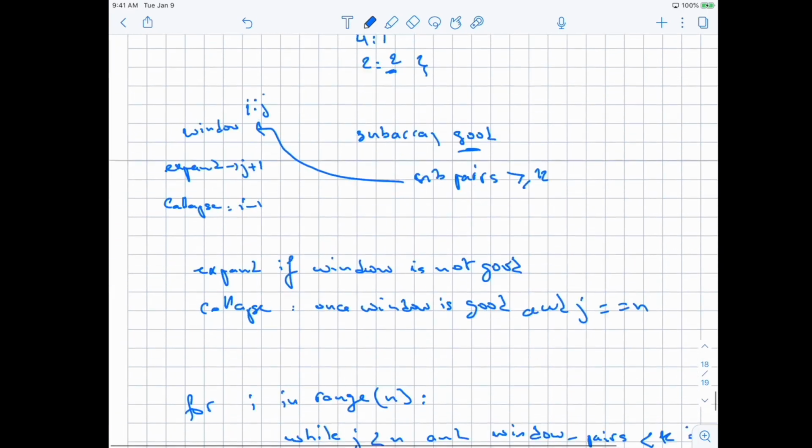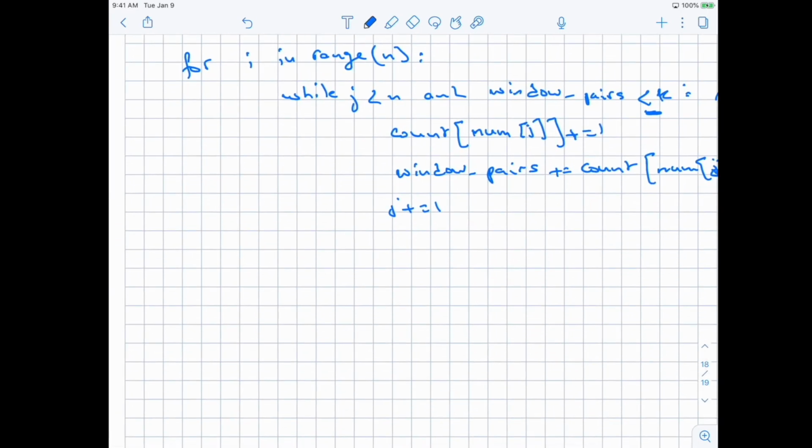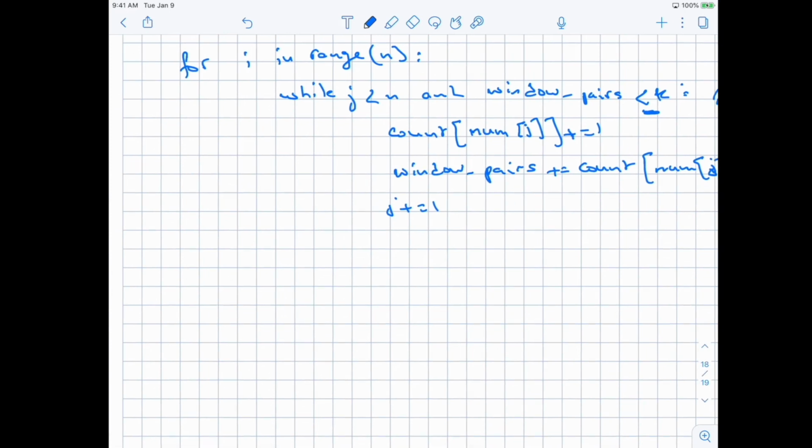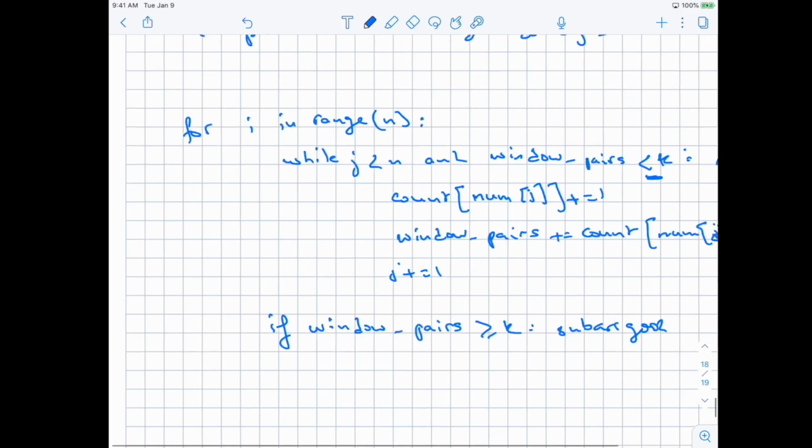Okay? And so now, once we exit here, we want to check whether it's because we reached the end of the array but still don't have enough window pairs, or because we have enough window pairs. If we have enough window pairs, this means the subarray is good. What should we do?